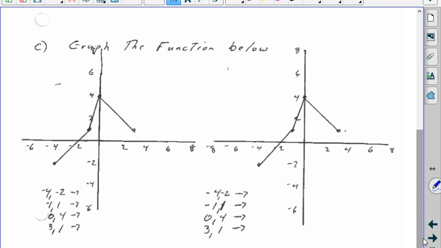So here is where we do this. Here are our 2 functions. We have 3 transformations. I'm going to do my vertical stretch, then my horizontal stretch, and then my move.